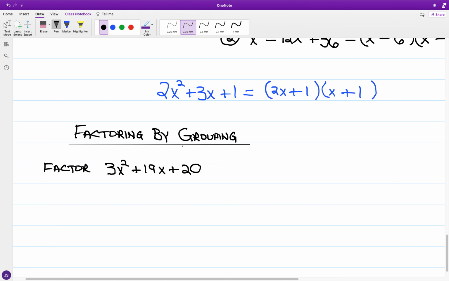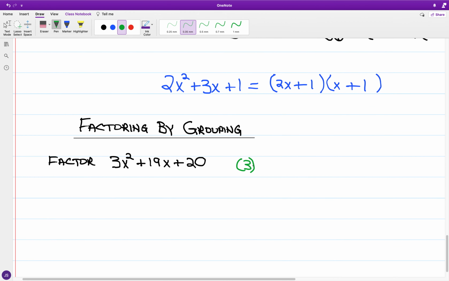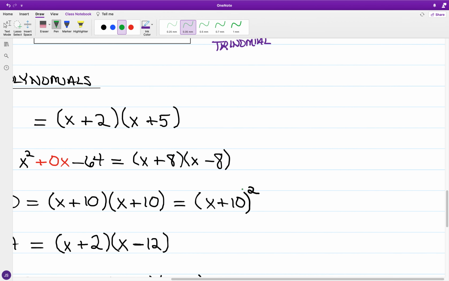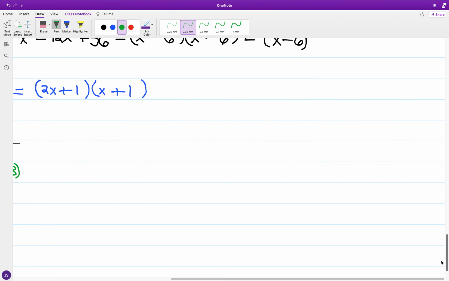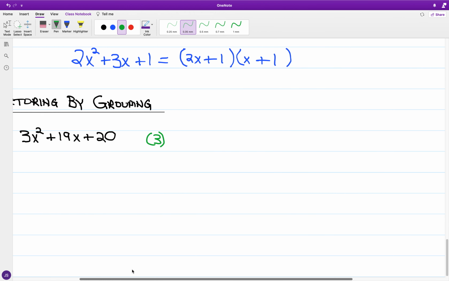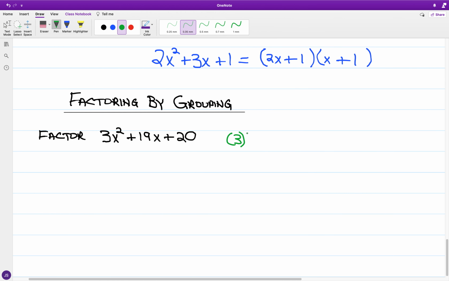To reduce, if not eliminate, much of the guesswork, to start out the process of factoring by grouping, we're going to look at the first and the last coefficients. So if we look at 3 and 20, we're going to multiply the first and last numbers.